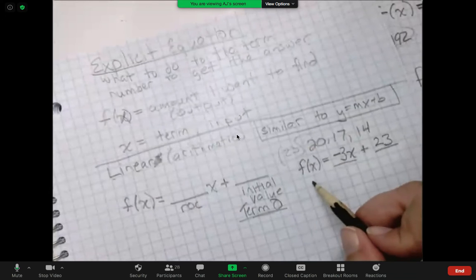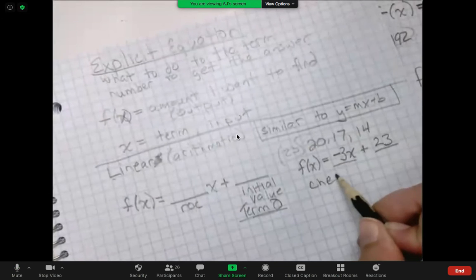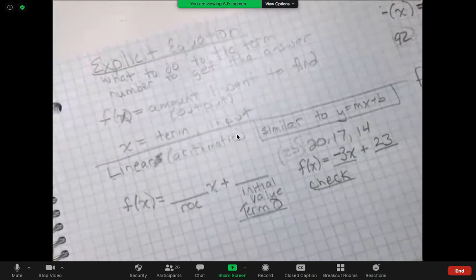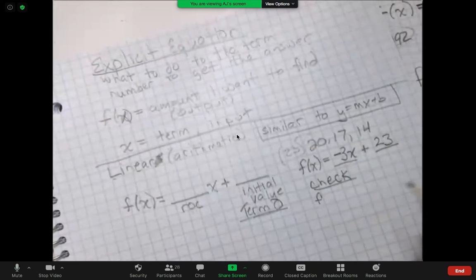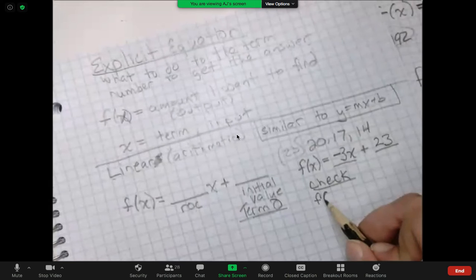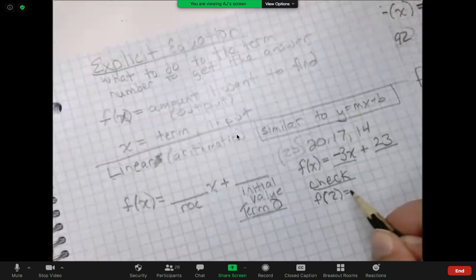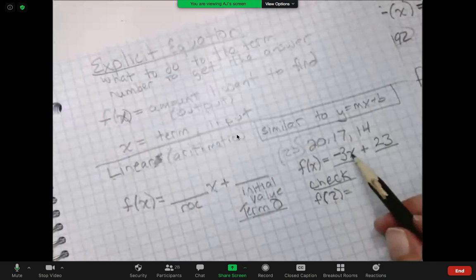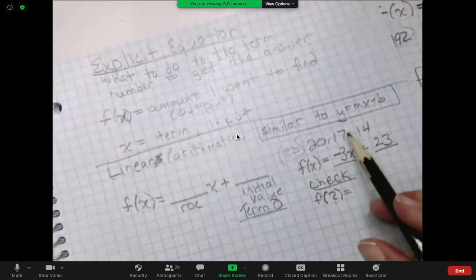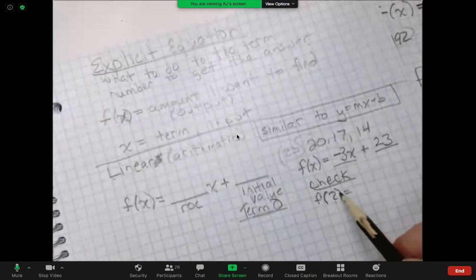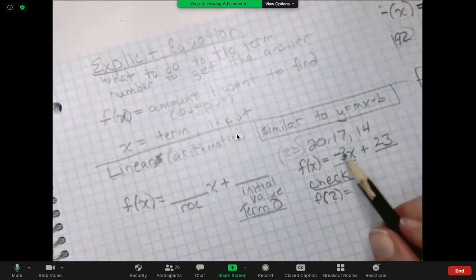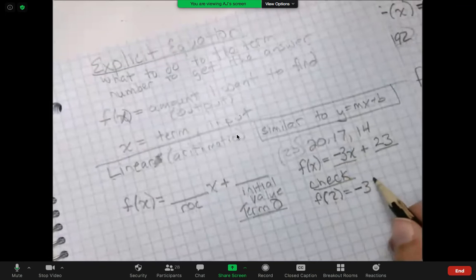And then we should be able to check our work. If I want to check my work, let's look for f of 2. If I did this right, if I input 2 into my computer program, I should get 17 to come out. Okay, so could you try it? Could you check your answer and substitute 2 for x and see if you got the right equation?